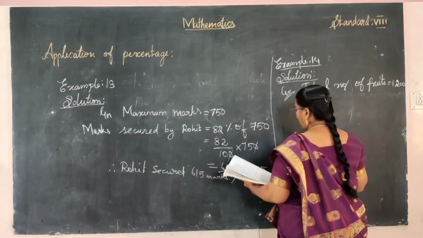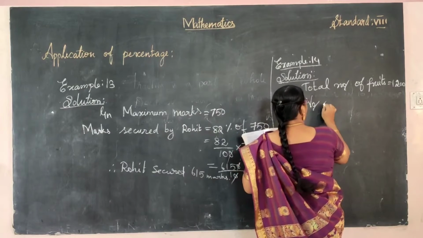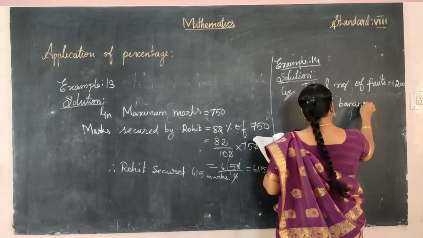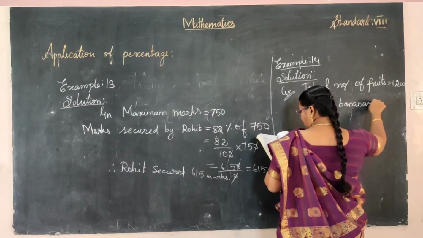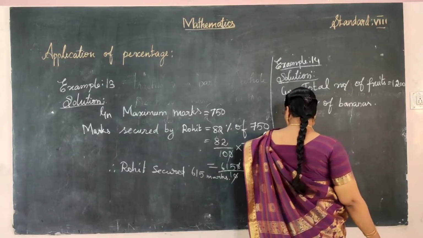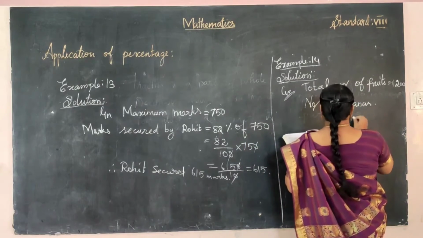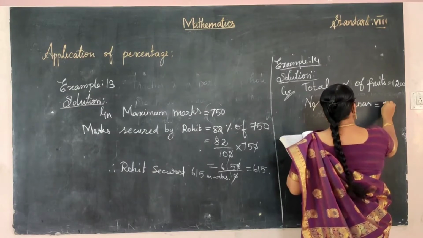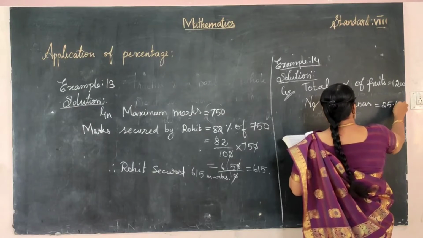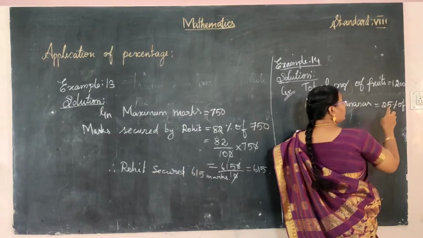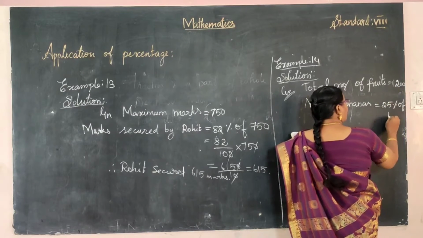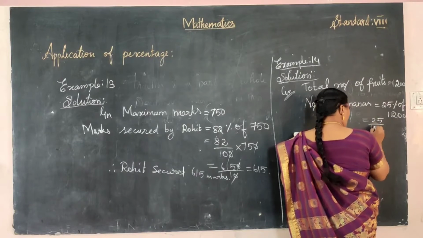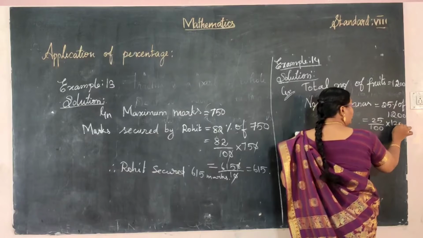Bananas. Now we have to find the number of bananas. How much percentage? 25% is given. So the number of bananas is equal to 25% of 1200. So calculate 25 by 100 into 1200.